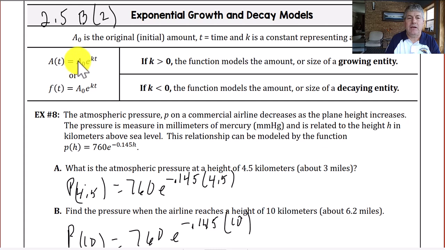A of t equals a sub 0, or an original amount, times e, our base e, raised to the exponent k times t, where t is time and k is a constant representing a particular rate. If k is greater than 0, we will have exponential growth, and if k is less than 0, then we will have decay.